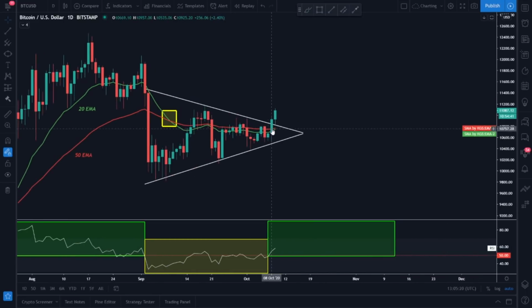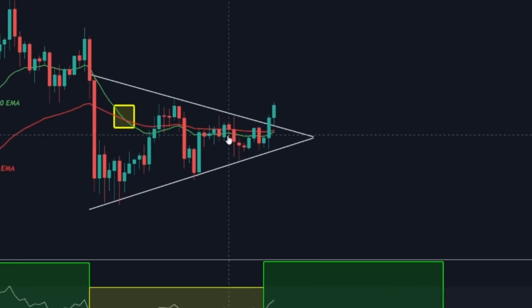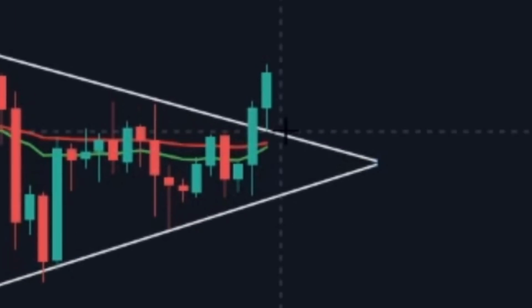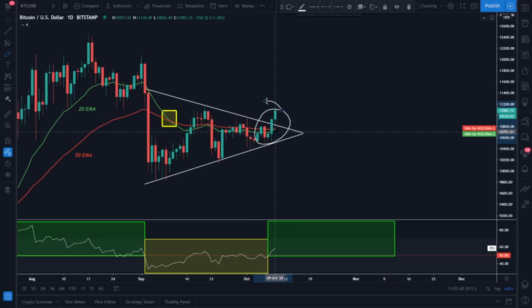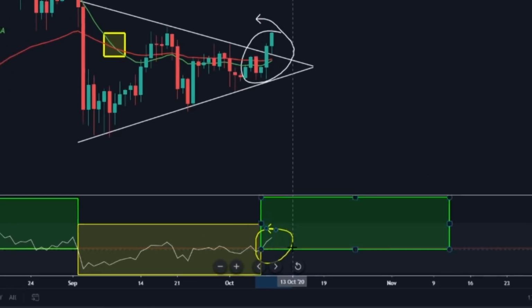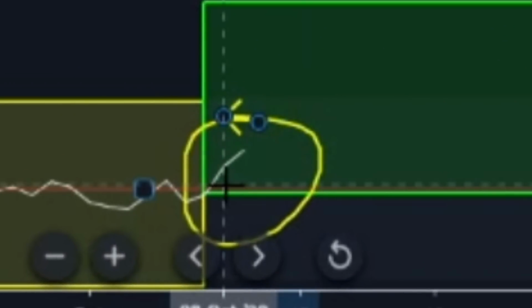So now if you look at this here, we are about to form a crossover. And if that happens, guys, if the crossover is going to happen here, the 20 exponential moving average crossing over the 50 exponential moving average, what that would indicate is that the price of Bitcoin is in a very bullish scenario. Why? Because you can see the RSI here to the downside is now clearly above the 50 level.